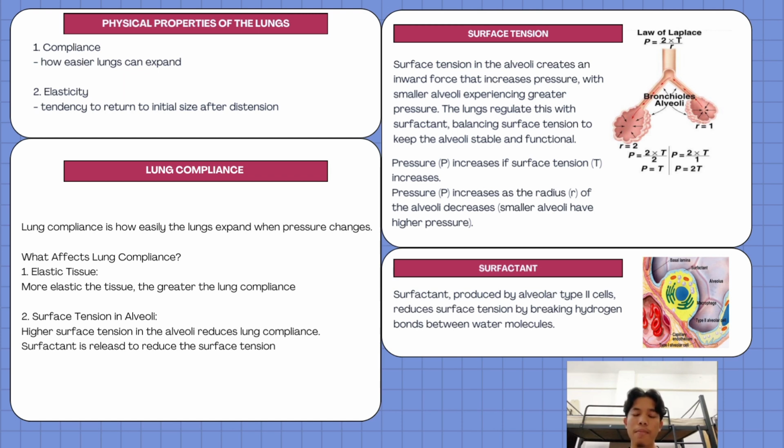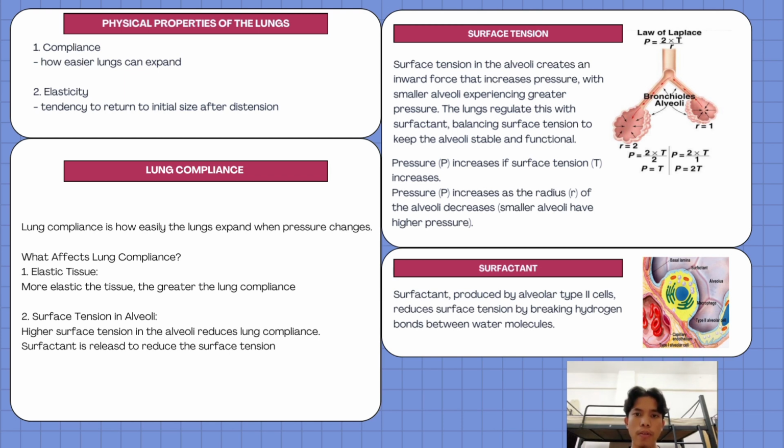The surface tension can be described by the law of Laplace, as you can see. P equals 2 times T divided by R. P is the pressure of the alveoli, T is the surface tension, R is the radius of the alveoli.